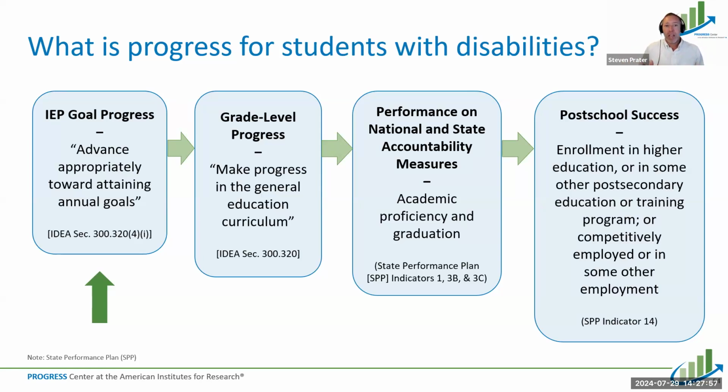All three of those together give you information about how the student is doing. Do we need to make adjustments on the supports we have set up for the student? Do we need to make adjustments on the type of instruction we're giving this student? Because the ultimate goal is that post-school success. All those things before that are just indicators of how the student is doing, so we can make sure that student is successful once they get out of school. But again, we're going to concentrate more today on the IEP goal progress.